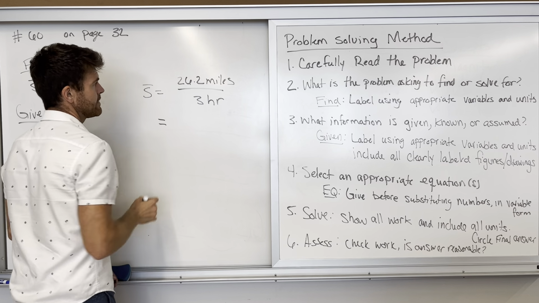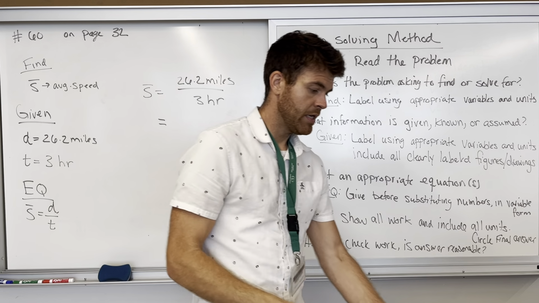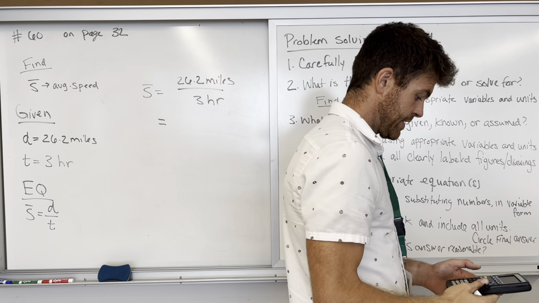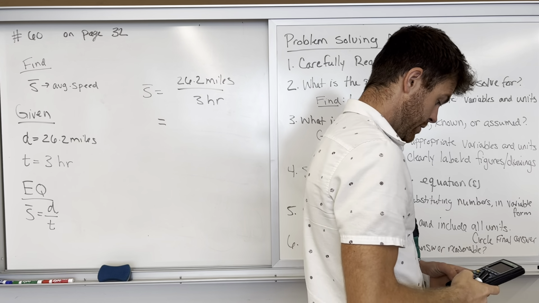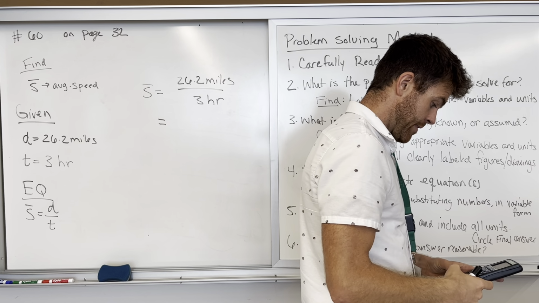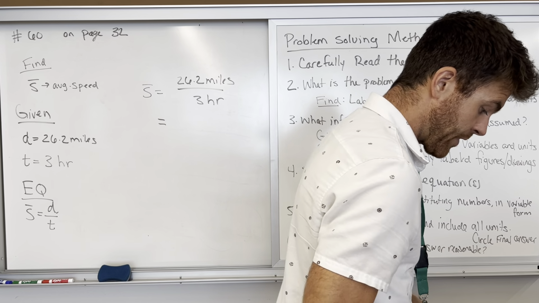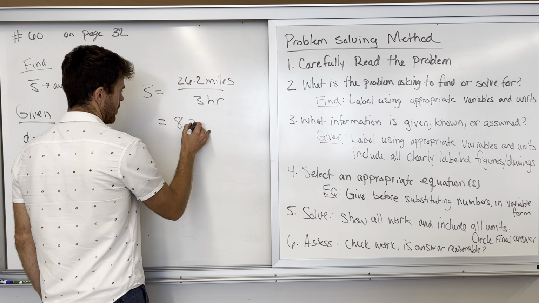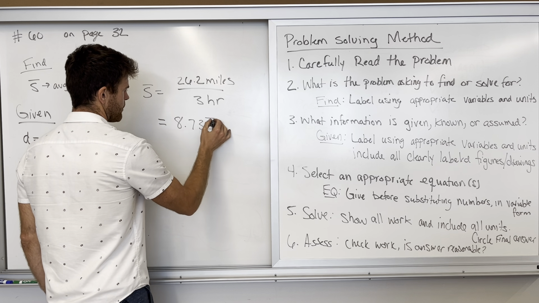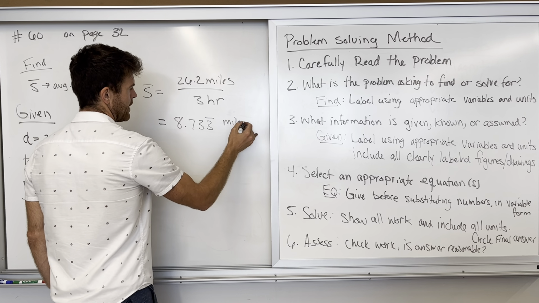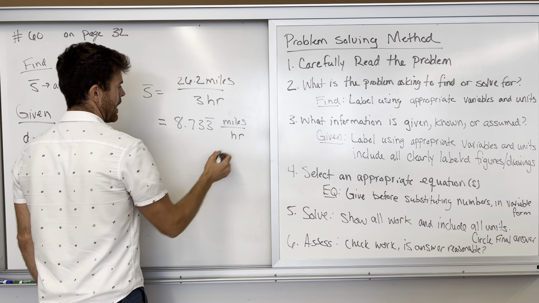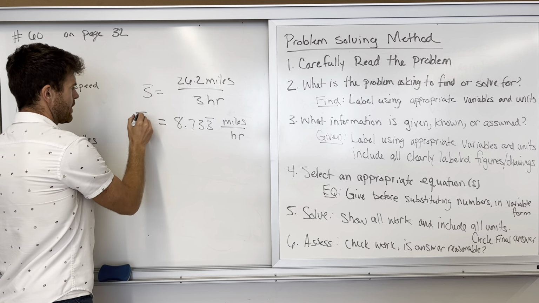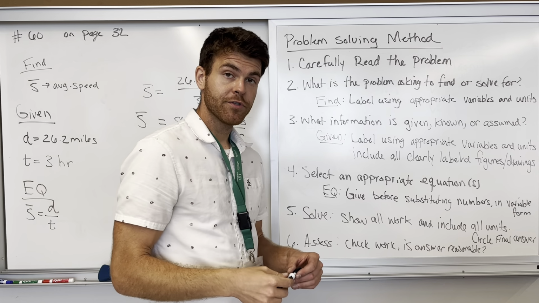And so we get an average speed of 26.2 divided by 3, 8.733 repeating, miles per hour is the minimum average speed.